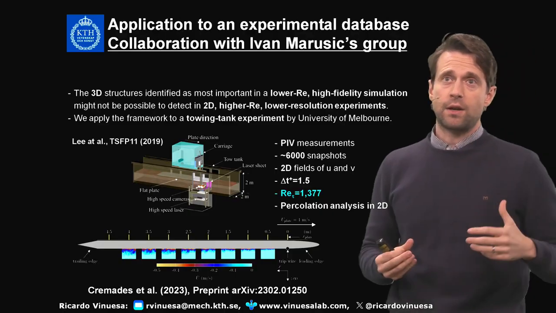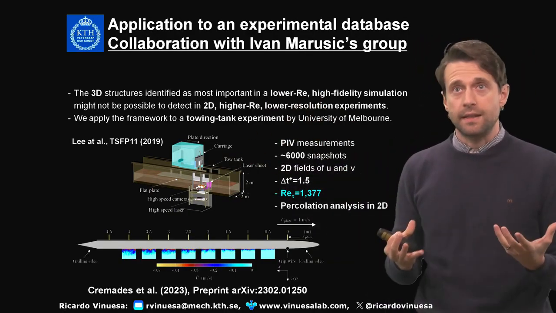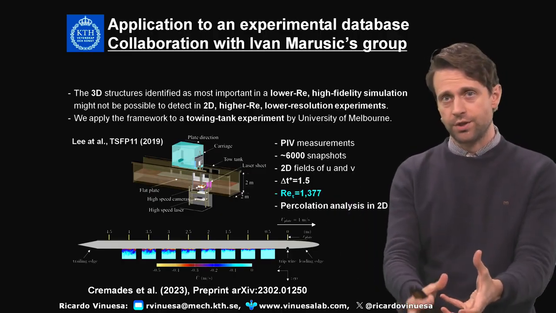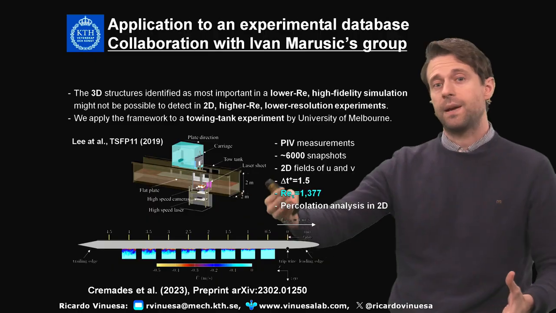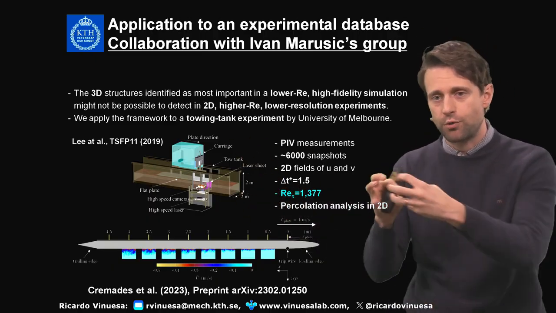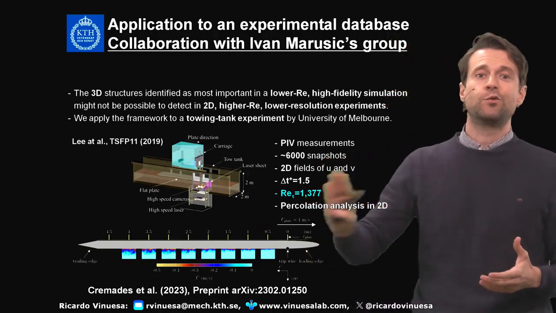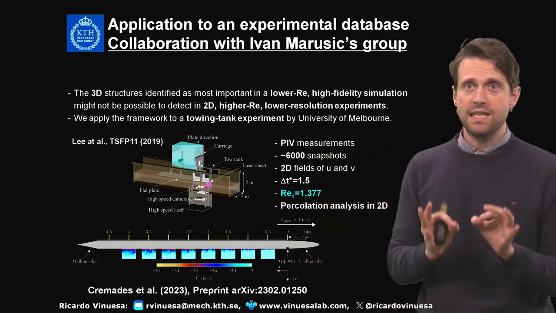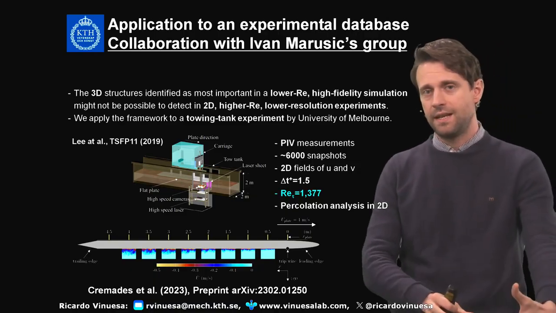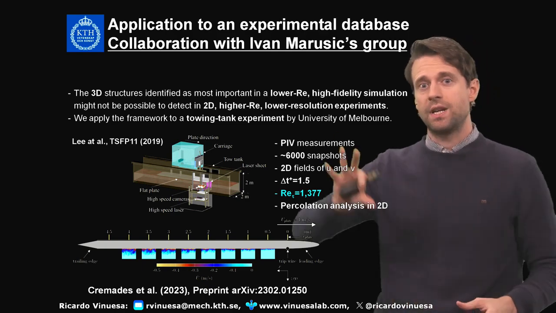Second thing, even if I could do a DNS at the same Reynolds number as the experiment, in the DNS I'm identifying 3-dimensional, nicely, finely resolved structures, and in the experiment, if I'm lucky, I will be able to get a 2D plane, a 2D PIV plane, maybe a small region with some 3D tomographic PIV, but the usual thing is that I will have 2D planes with low resolution. So even if I could find super nicely resolved extractors in the DNS, which are most important, I don't have a chance of finding the same extractors in the experiment.